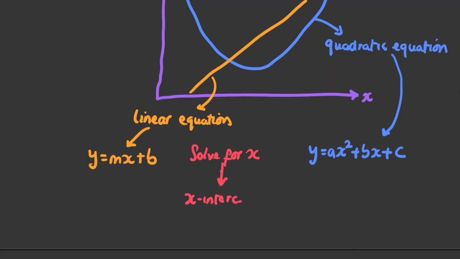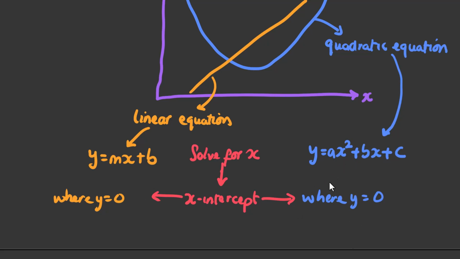For both equations, linear and quadratic, we want to define where y equals 0, and for our quadratic, what our x values are. So we're going to look at the linear equation first and how to determine its solution, and then the solution for the quadratic equation.